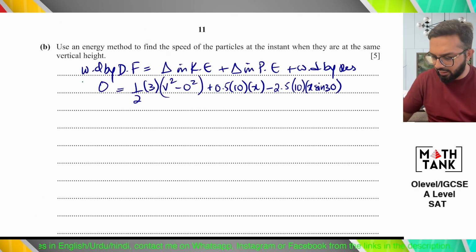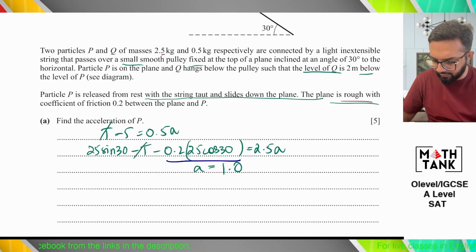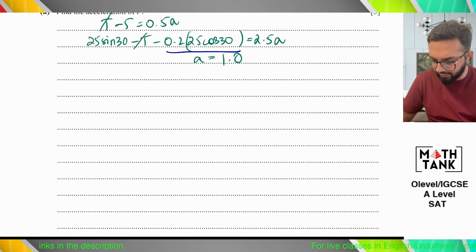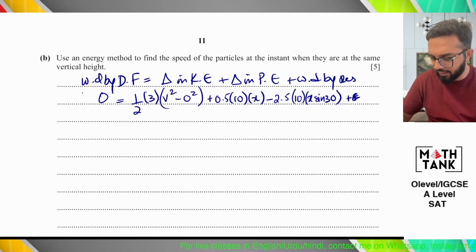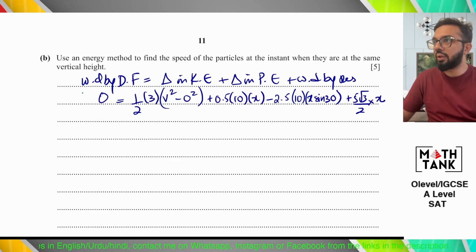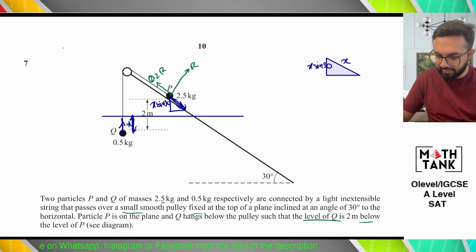Work done by resistance is again, let's see what our resistance was. This was the frictional force, 0.2 into 25, that's 5 cos 30, that's 5 root 3 over 2. That's the frictional force, and it's also traveling a distance of x. Now I have two unknowns in my question. So let's figure out what x is.